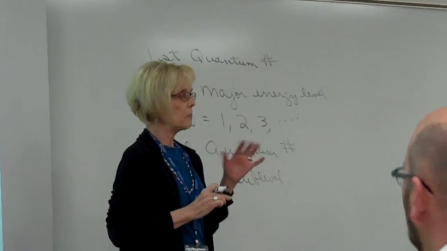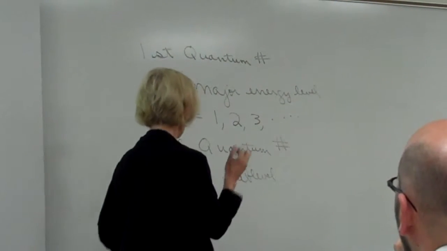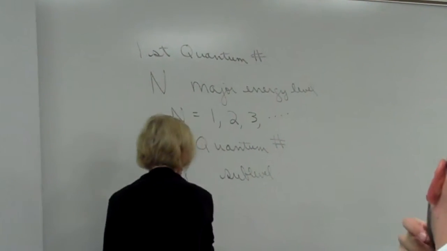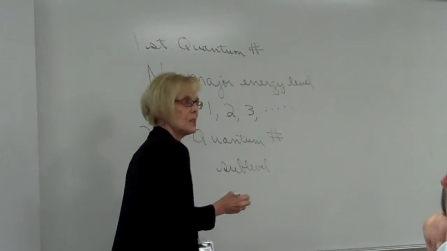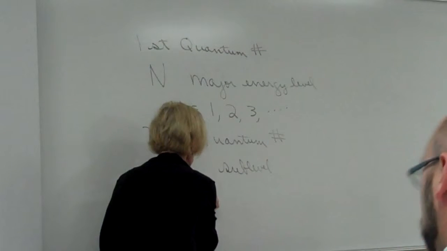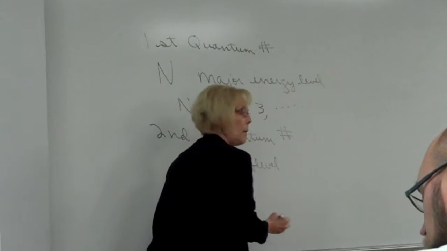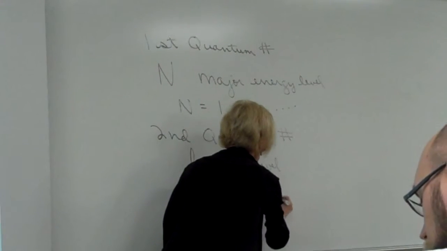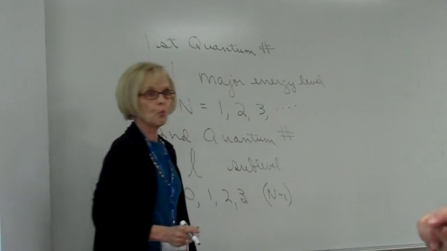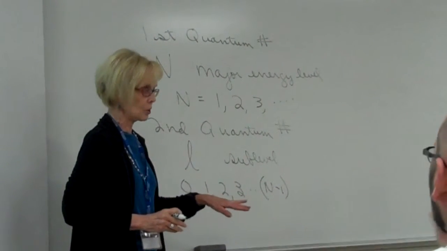Let me give it to you in math talk, and then I'll translate back to what you already know about. What values can it take on? It starts at 0, unlike this one that always starts at 1. 0, 1, 2, 3, and it can go up to n minus 1.